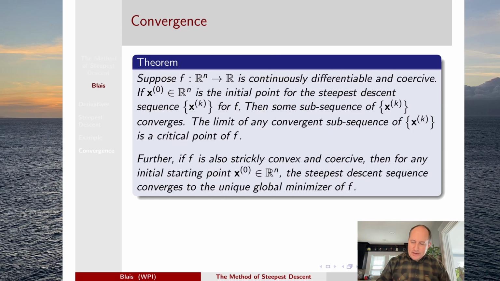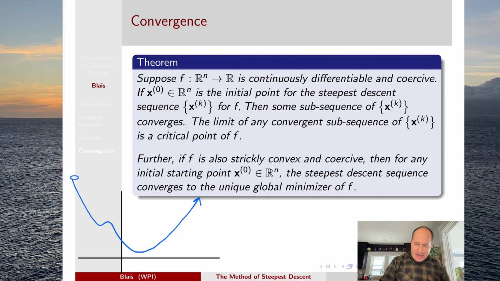When you think convex and coercive, let's just do something simple where you have a function of one variable. A function like this would be coercive because as you move away from the origin, eventually the function takes off. But if you're doing some type of iterative method to find a global minimizer, you could get caught in that local non-global minimum.